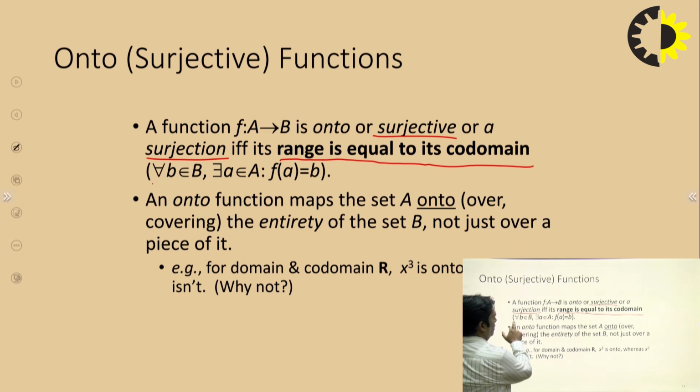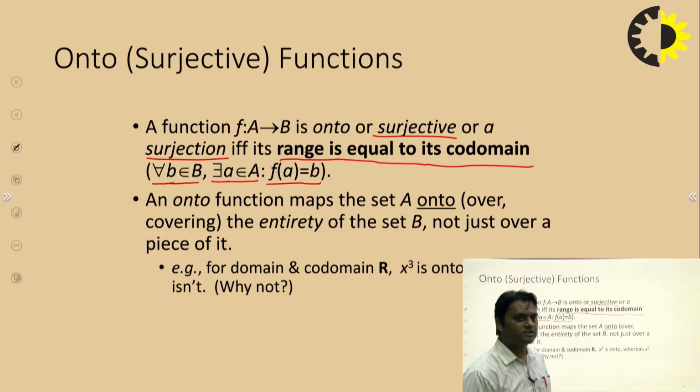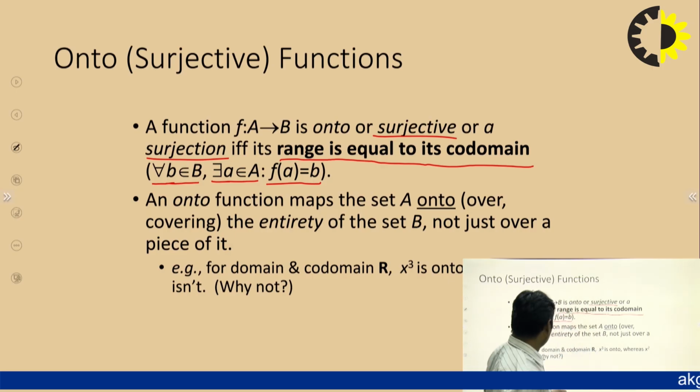So for all b belongs to B, there is a belongs to A, f(a) equal to b. An onto function maps the set A onto, covering the entirety of the set B, not just a piece of it. For example, for domain and codomain the reals, x cube is onto, whereas x square is not. Let me explain with the diagram next.